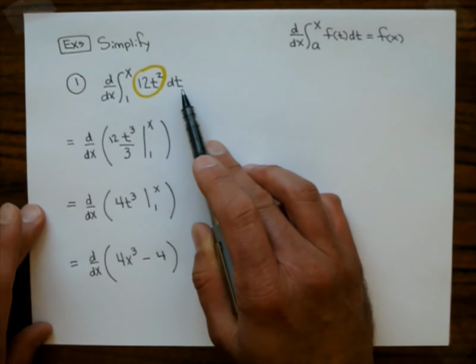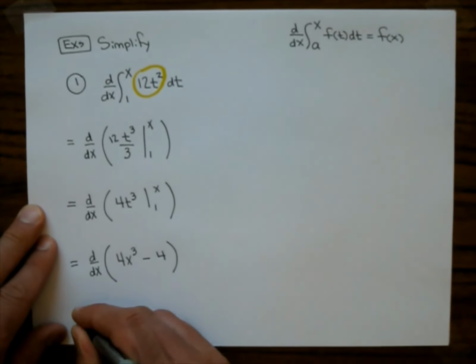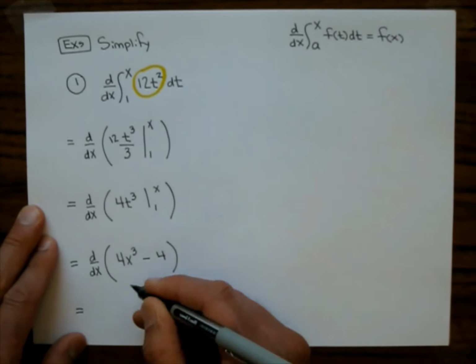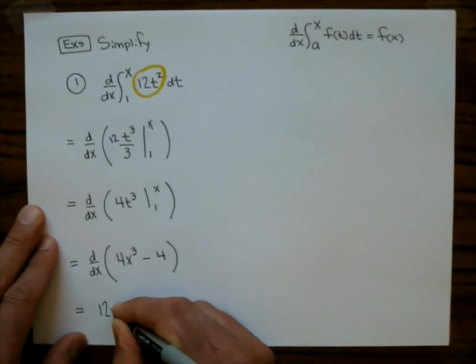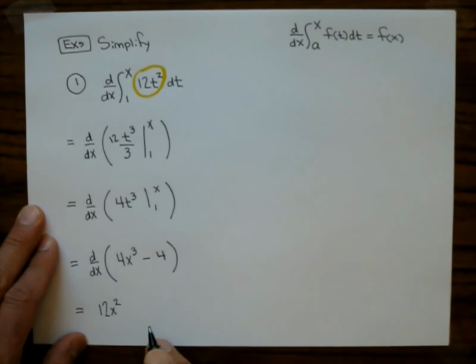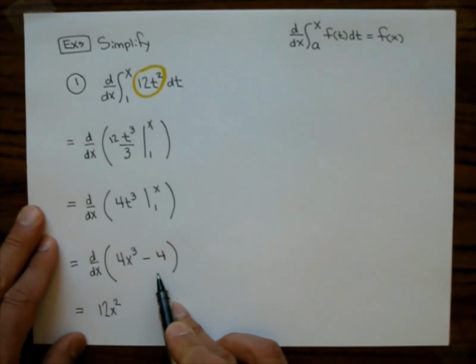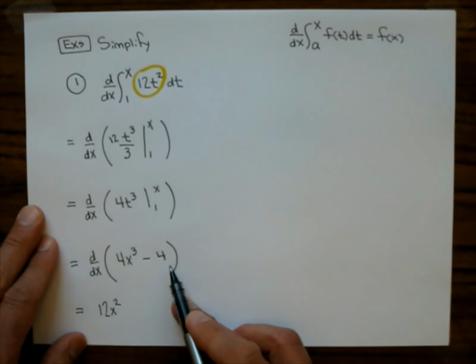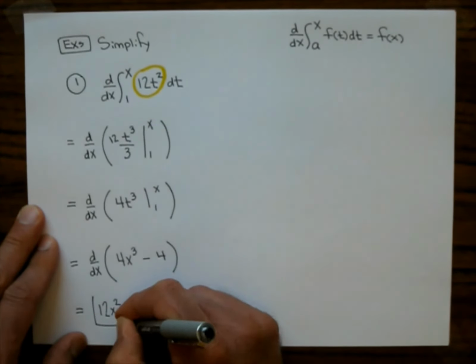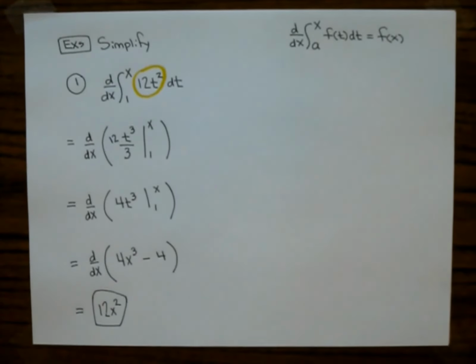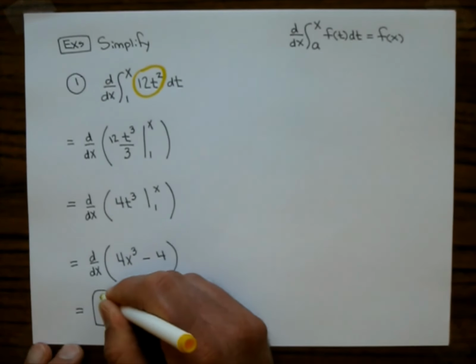So look what happens. Now I'm going to take the derivative with respect to x. The first part gives me 12x squared, and the derivative of 4 is 0. So there's our answer. I want you to take a look at this.